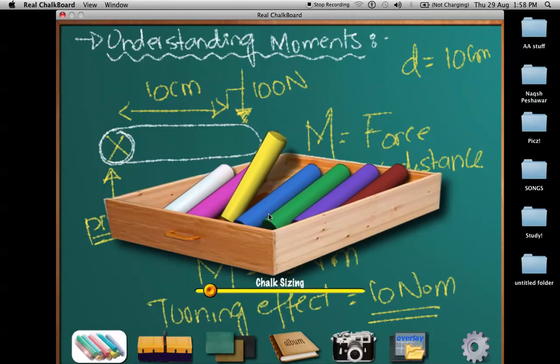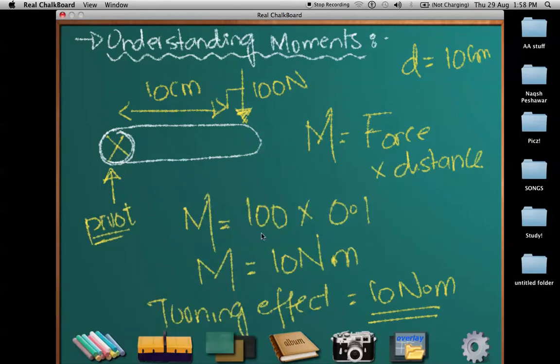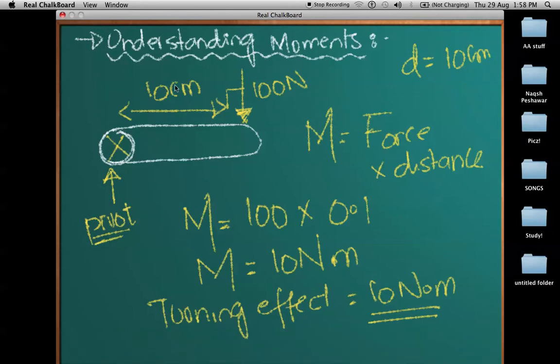Let's say I decide to turn the same door handle from closer to the pivot, let's say from here, with the same force, 100 newtons. I'm applying the same force, but I'm trying to turn it from here. So what is the distance? Let's say the distance here becomes 6 centimeters.